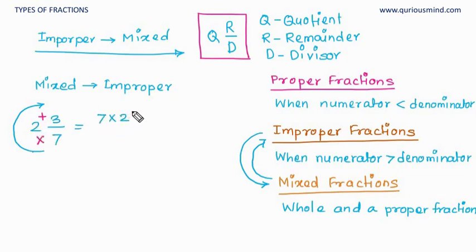I'll put a bracket around it, and then plus 3. 7 multiplied by 2 plus 3. Clockwise. Denominator multiplied by the whole number, and plus the numerator. And the denominator of the improper fraction is the same as the denominator here. So it will be 7 into 2, 14, 14 plus 3, 17. 17 upon 7.